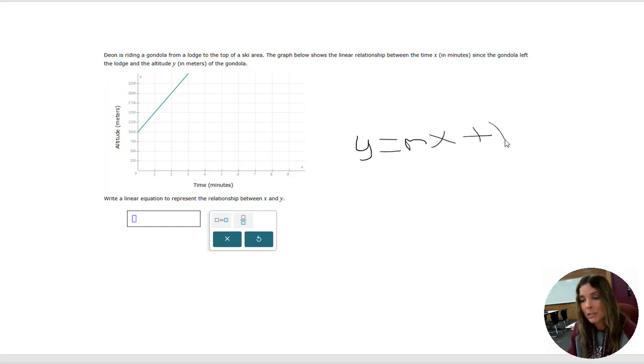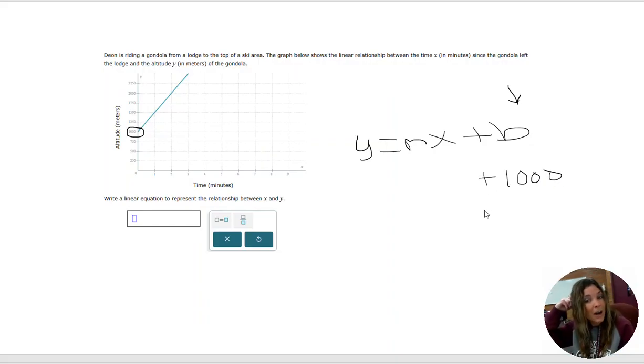So whenever we're going to write a linear equation, we use this slope-intercept form. Remember, the b, that is your y-intercept. That is your initial value. That's your starting point. That's our b, okay? So that means the gondola started at an altitude of 1,000, and then every time we go to the right one, that's an increase of 1 minute, right?